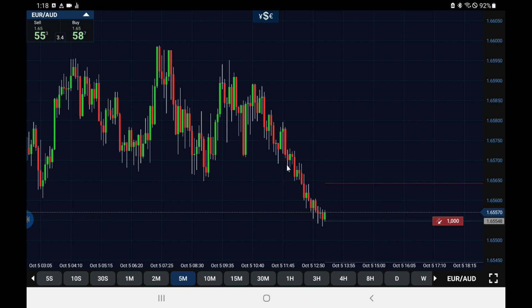For example, we can see right here, this area seems to be consistent. This area was consistent for a short time. And now we are here with this area. So looking at all of the different times involved can help you gain information that your brain can start to see patterns develop.